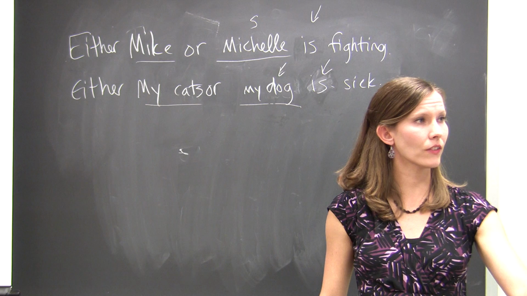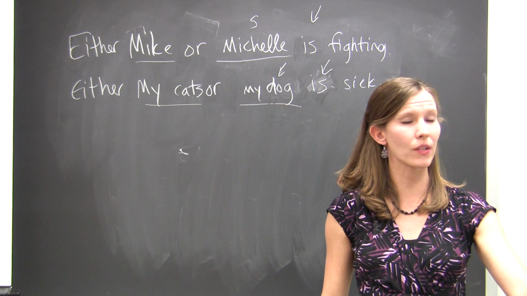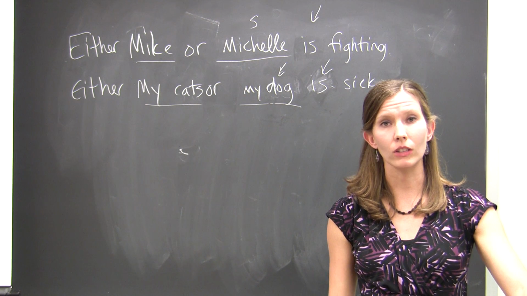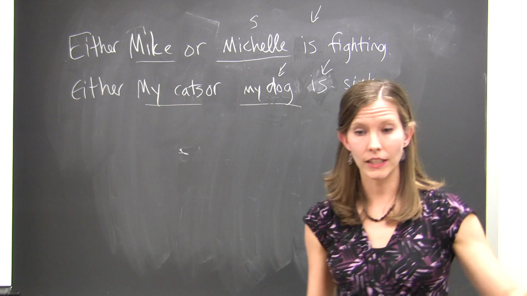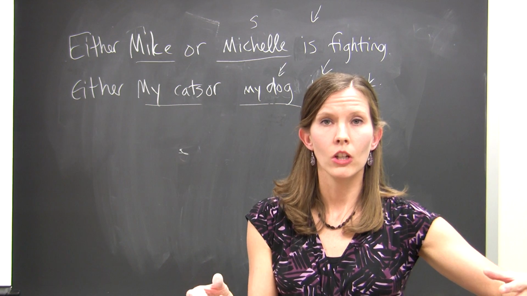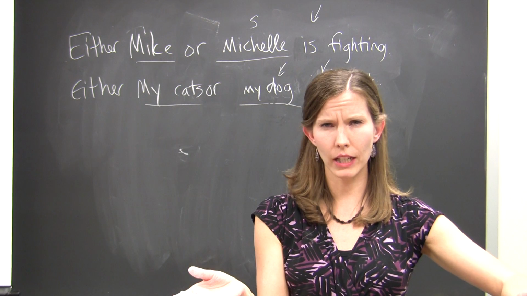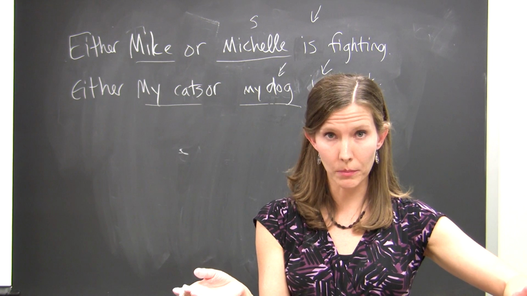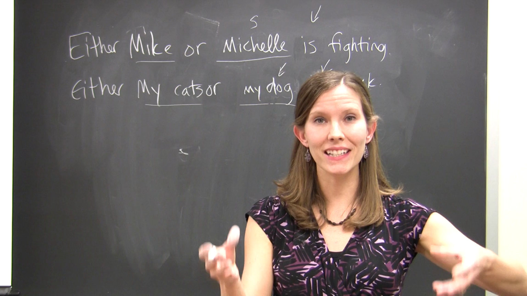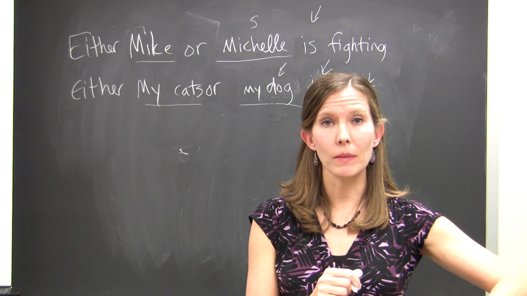Okay, the final thing I want to talk about with regard to subject and verb agreement is something called collective nouns. Collective nouns are a group of people who are acting together as a unit. These are words that sound like they're plural because it's a group of people, but because the group is acting as a unit, it's considered to be singular.